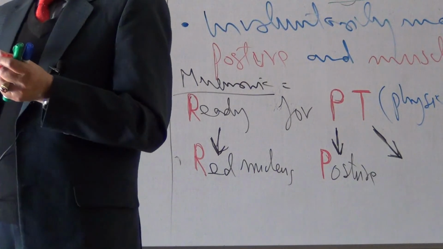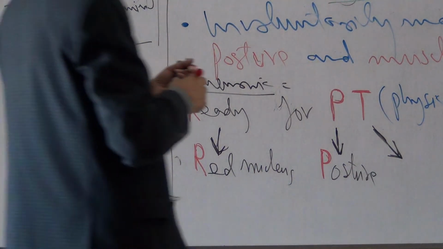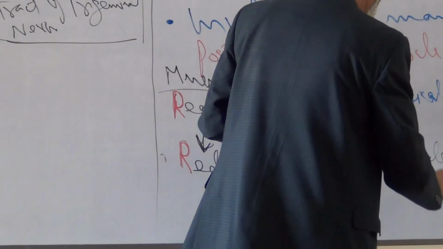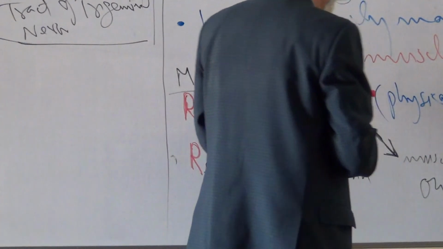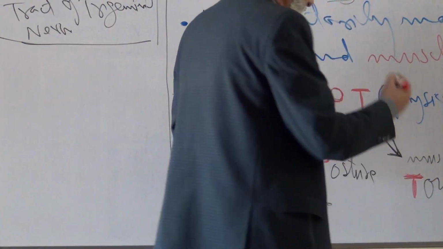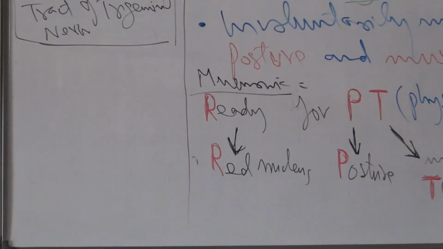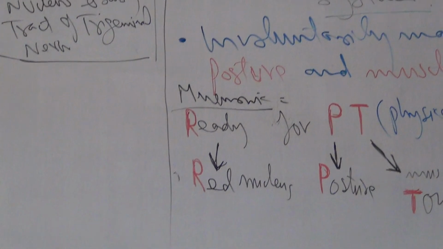T for tone, muscle tone. So this will help you to some extent to remember some of the functions of the red nucleus, which belongs to the extrapyramidal system.